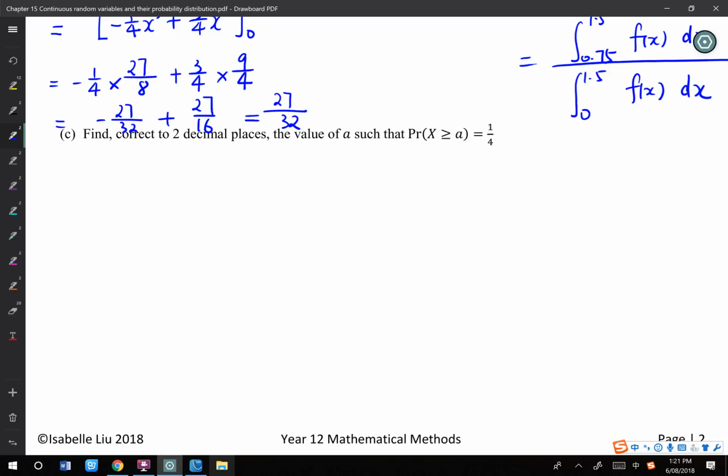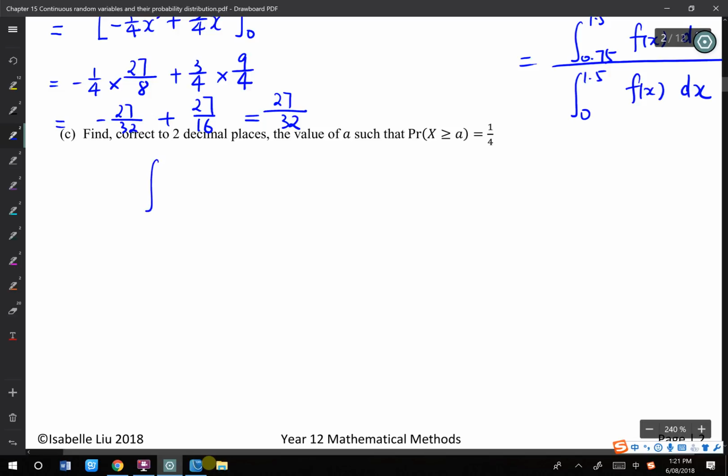Find correct to 2 decimal places the value of A such that probability x greater or equals to A gives you a quarter. Well, greater or equals to A, so it's A to 2. Okay, so it's from A to 2 of the function.